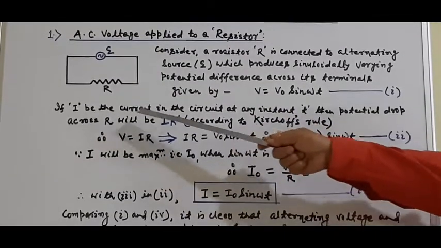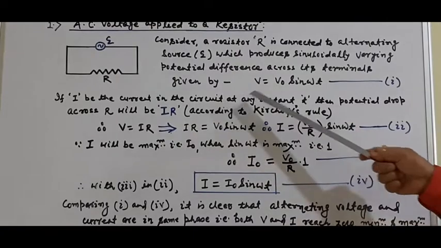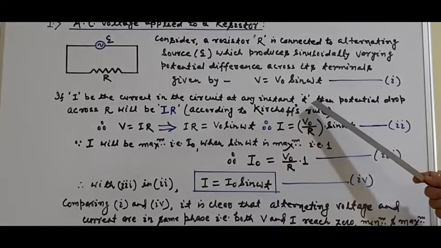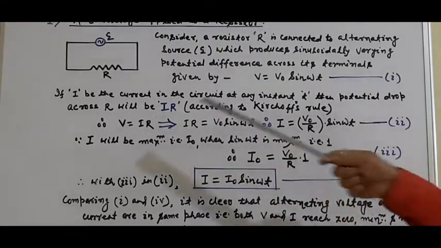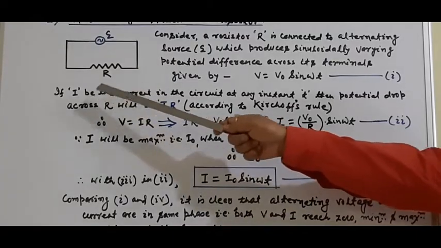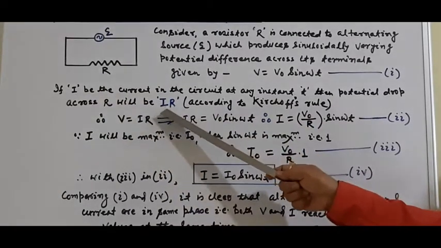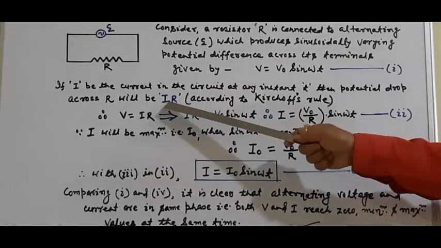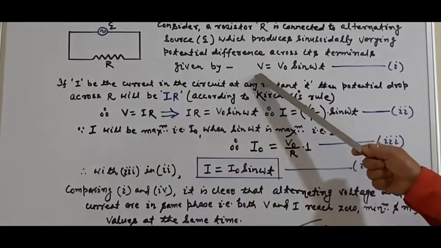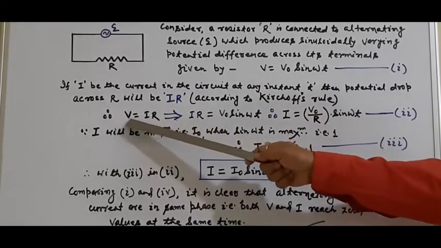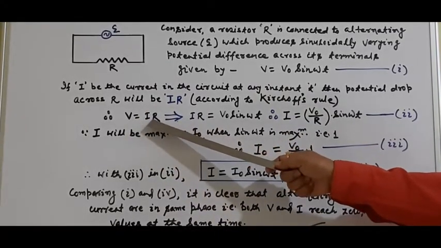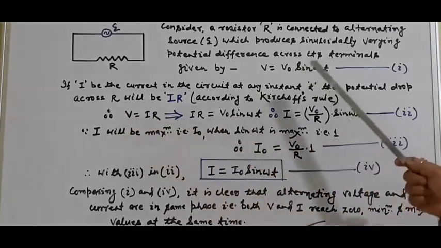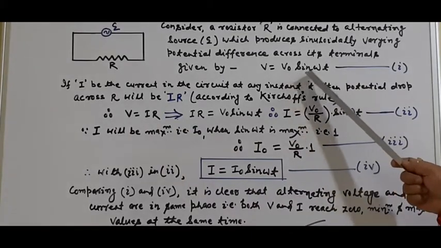Let I be the current in the circuit at any instant of time t, then the potential drop across R will be that current I into R. So IR, according to Kirchhoff's law, must be equal to this V. Therefore V is equal to I into R. In place of V, from equation 1 we put V naught sine omega t.